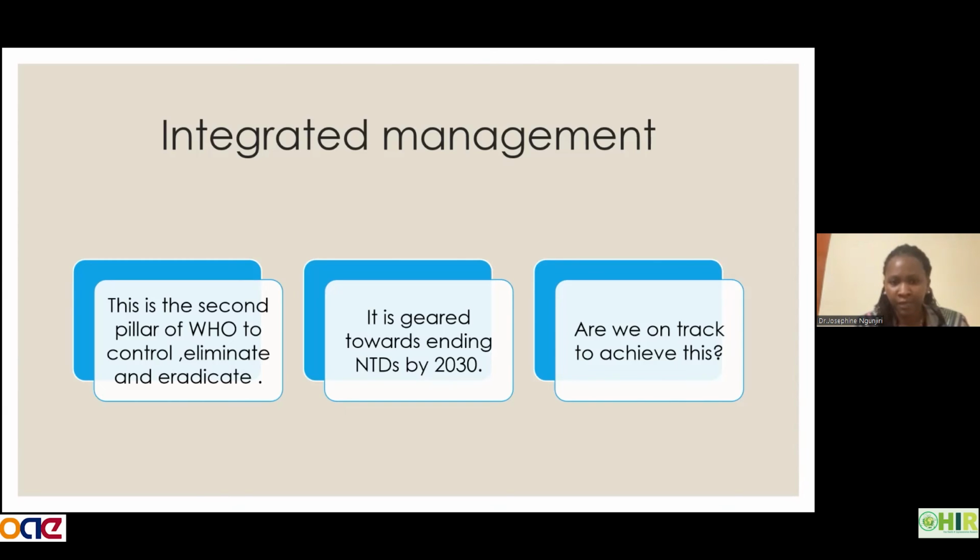All these are geared towards eliminating the NTDs by 2030. Are we on track? That is a question we should ask ourselves. We can only do that by tracking the progress over the years. Next slide, please.